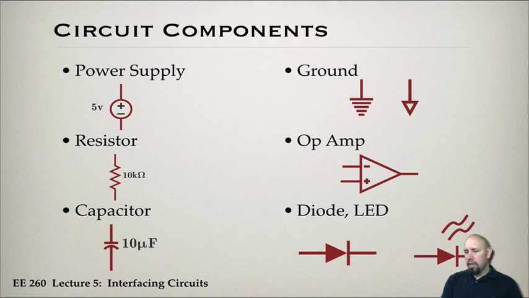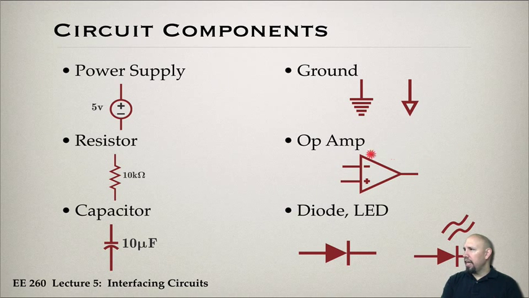So these are symbols for ground or common. Ground generally refers to earth ground, whereas common refers to a common connection point that acts like a ground for a circuit, but it might not actually be connected to earth ground. But it's very common for things to have an earth ground associated with them.